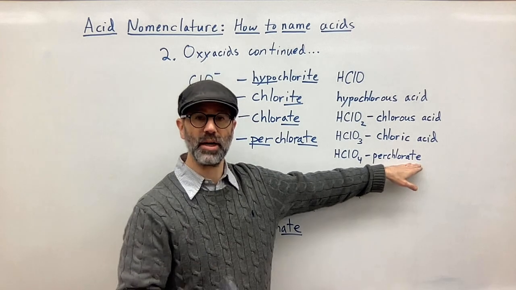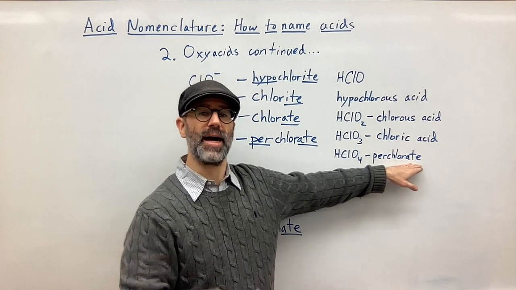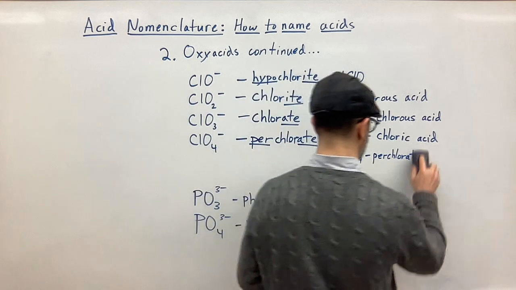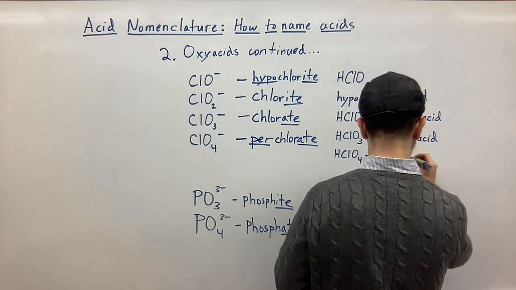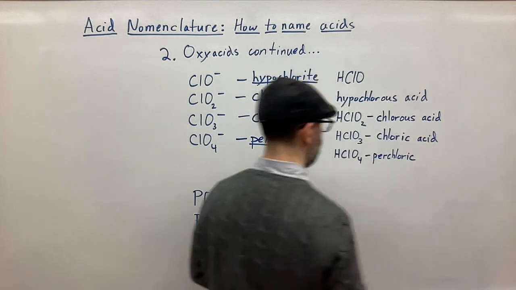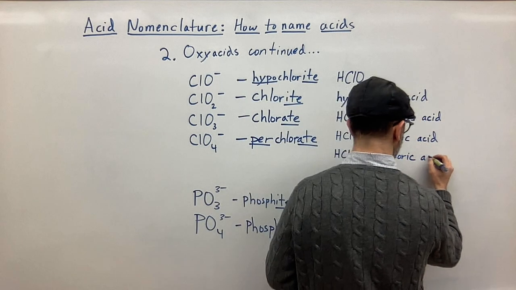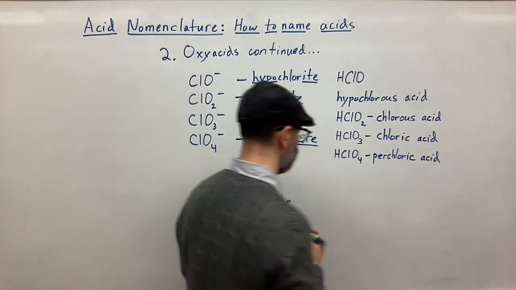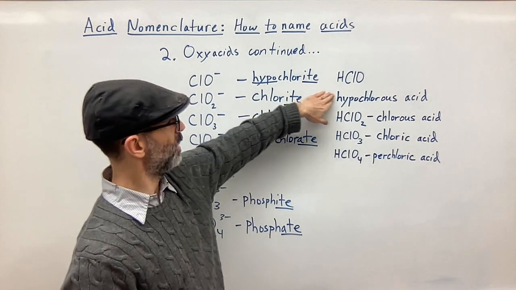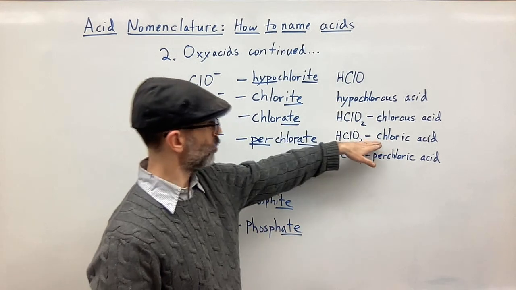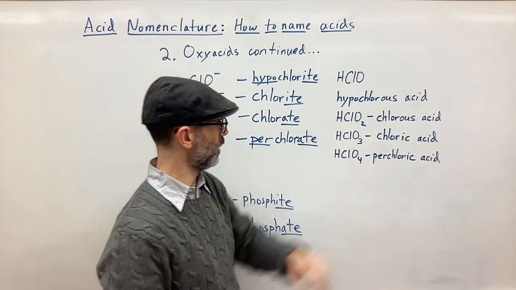I'm going to drop the ATE and add IC, and then add the word acid. So perchloric acid. So I have hypochlorous acid, chlorous acid, chloric acid, and perchloric acid.